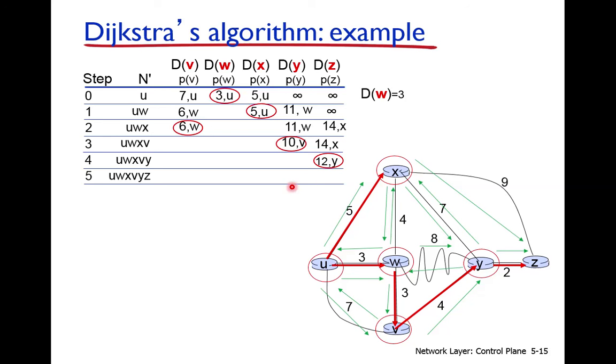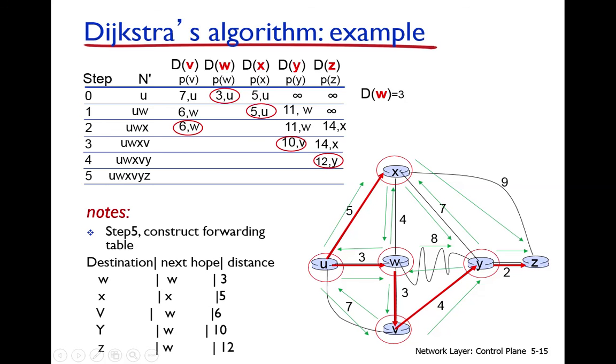So now we have computed the shortest path from u to all nodes: from u to w is 3, from u to x is 5, from u to v and from u to y are these ones, and from u to z is this one. So this is the shortest path from u to all the nodes. This is how the Dijkstra algorithm works.